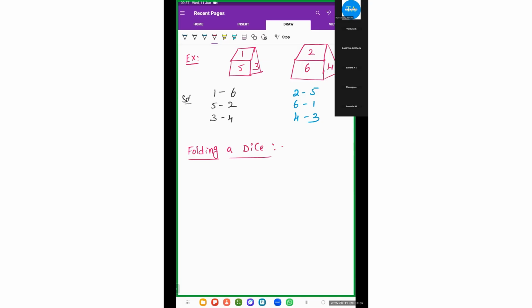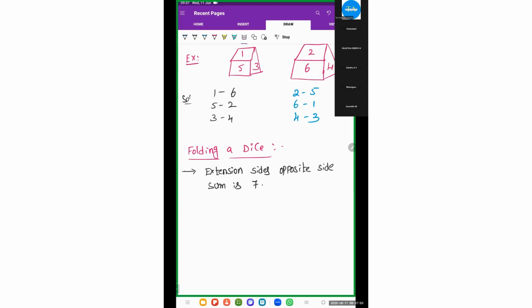One is extension sides. The opposite extension side faces sum is 7.